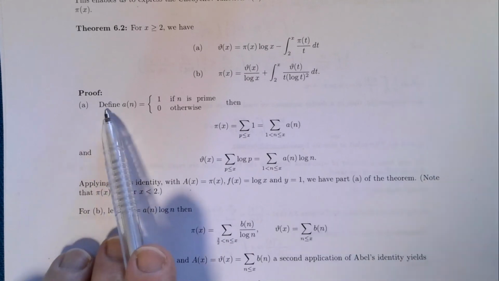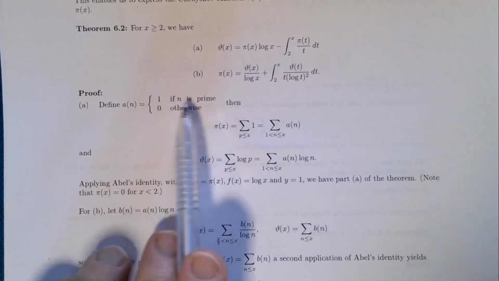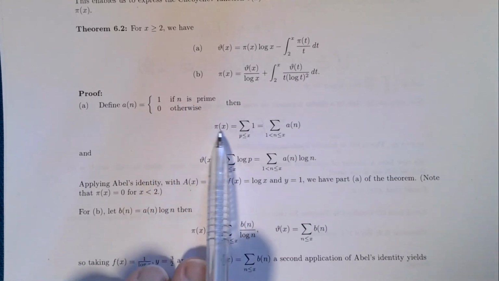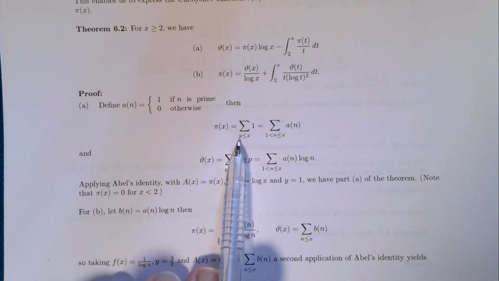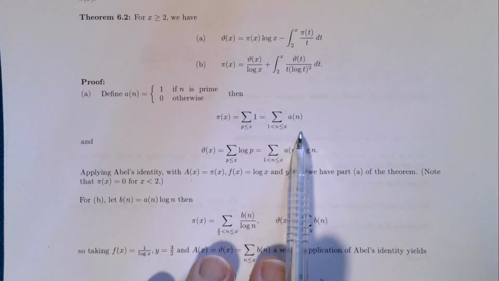We're going to take this sequence a(n) is 1 if n is prime, 0 otherwise, so this is a prime counter. And then pi of x, of course, is just the sum of 1 over the primes less than or equal to x, and I can write that using my new sequence here.